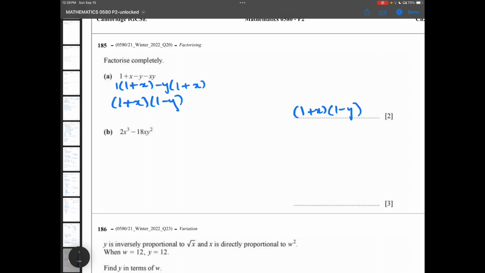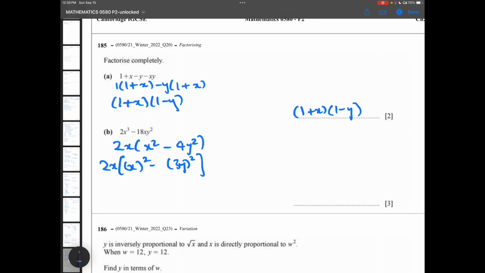Now in part B, 2x cube minus 18x y square. The 2x is common over here. I'm left with x square minus 9y square. Now x square is the square of x and 9y square is the square of 3y. So now I have x square minus 3y whole square.